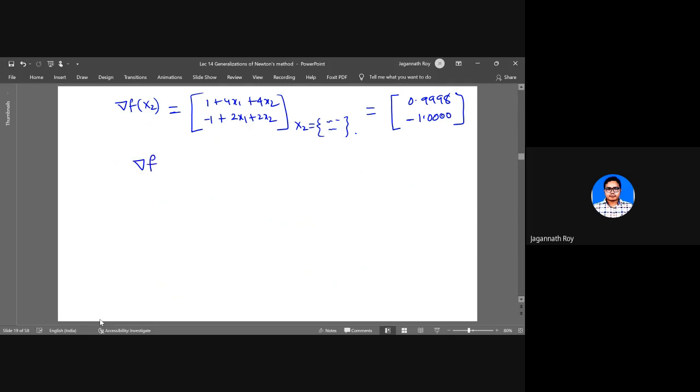Again, the norm of the gradient of f at x2 is actually 1.4141. So this is not less than or equal to epsilon, which is 10 to the power minus 2. So we go to iteration 2.